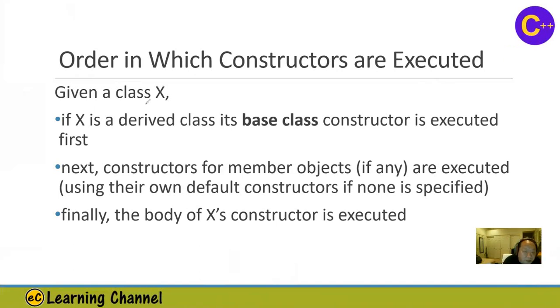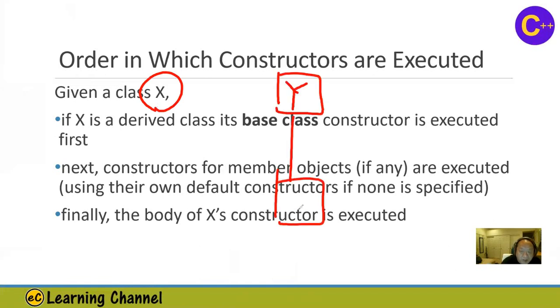So basically, if you have class X, right? Class S actually inherits class Y, right? But this class S has a string class V and uses a matrix M, right?